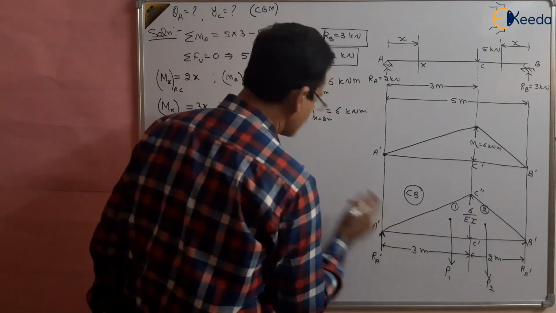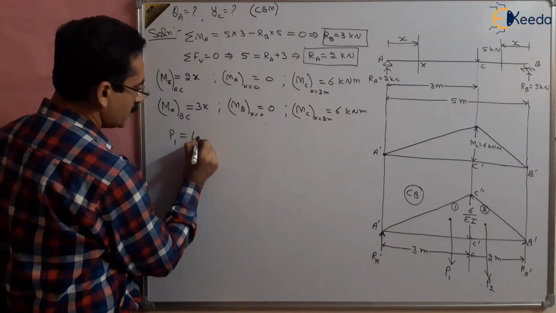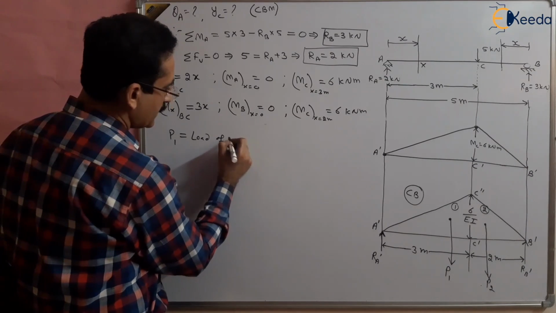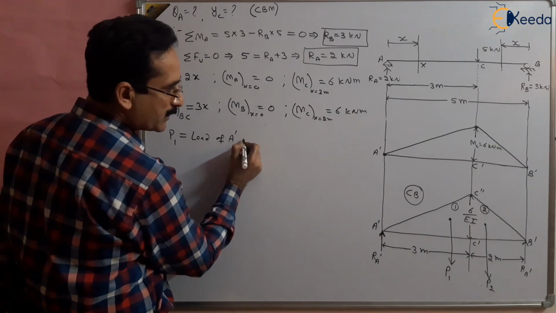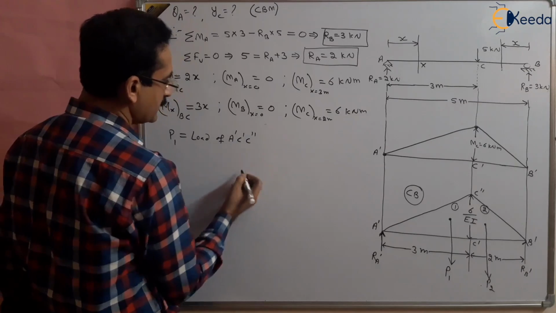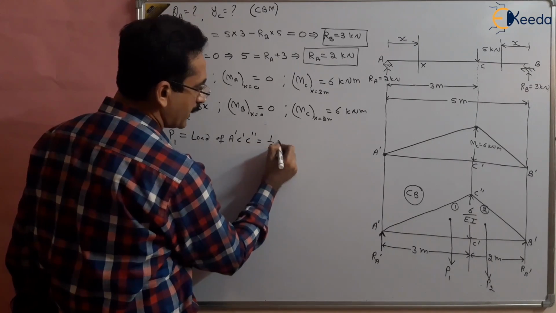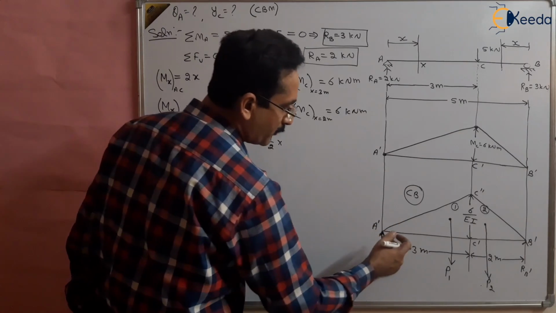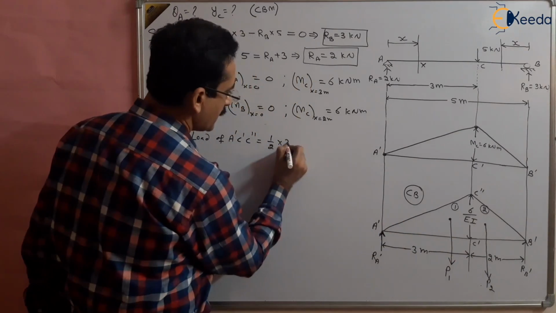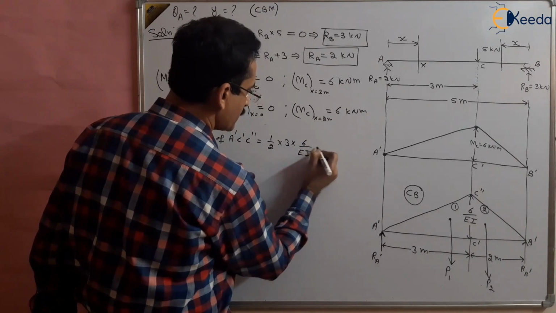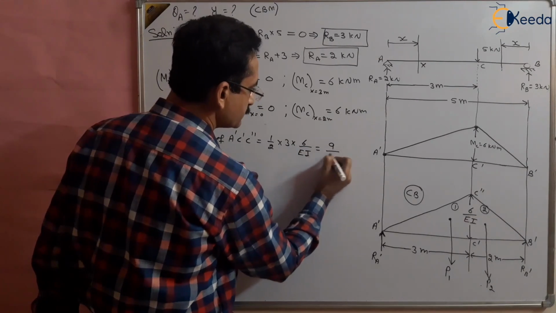P1 is the load of A dash, C dash, C double dash, in the conjugate beam. This is equal to half multiplied by base, which is 3 meters, multiplied by height, which is 6 by EI. So this will come out to be 9 by EI.